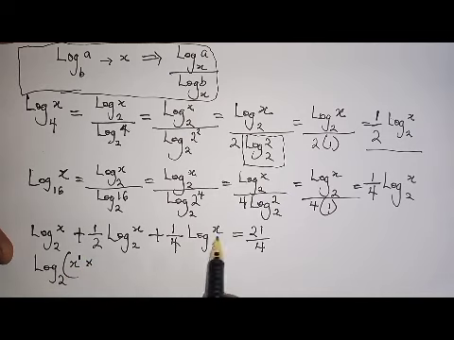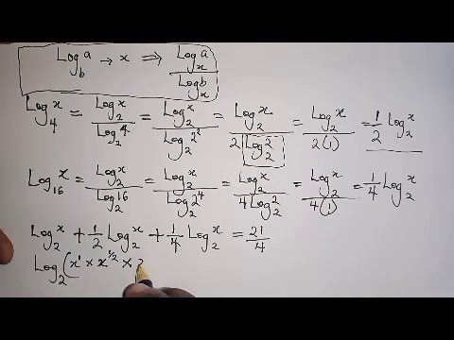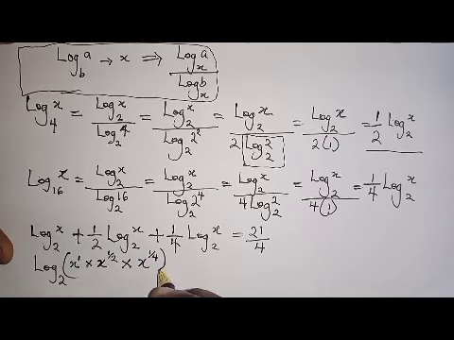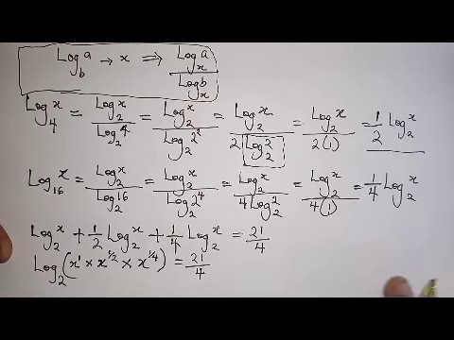Now all of this I'm going to change to multiplication. If you remember that law, this is going to be X raised to power half, and this is also going to be 1 over 4, and then everything is equal to 21 over 4.